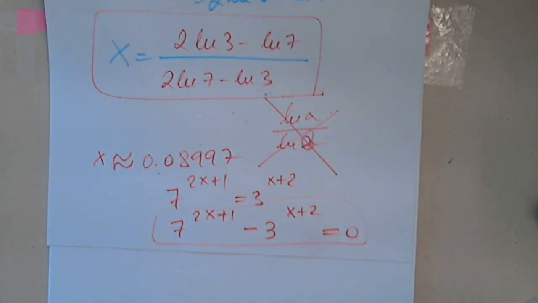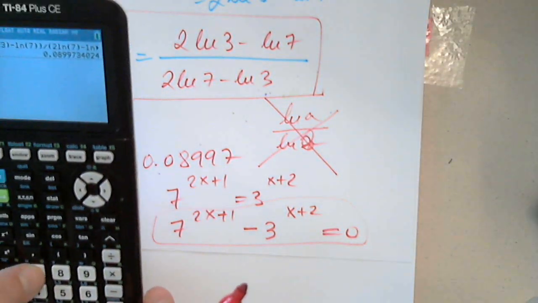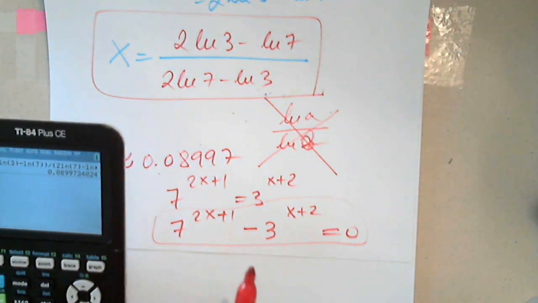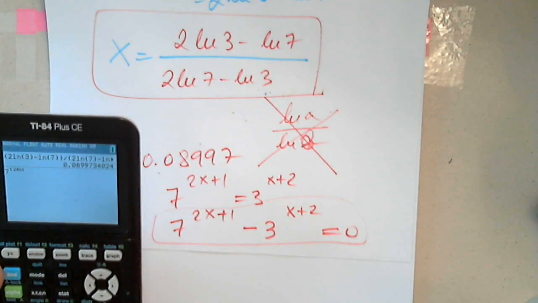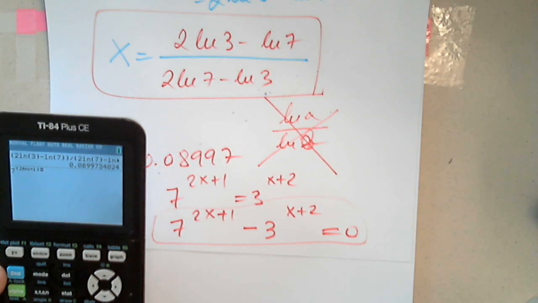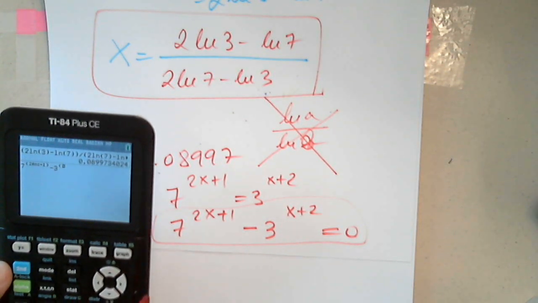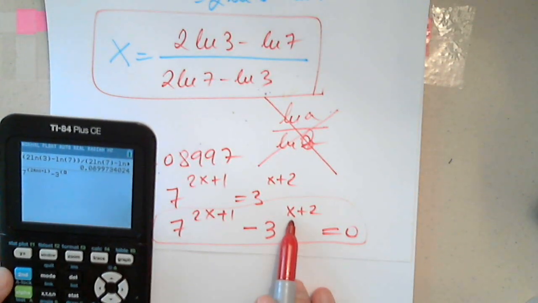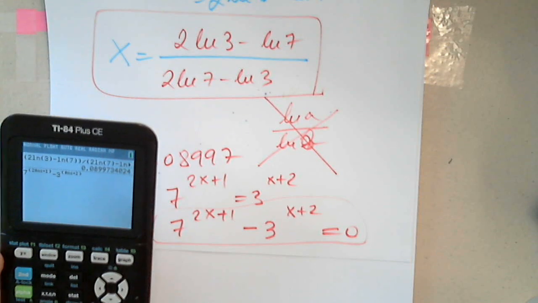Is that okay? So, 7, caret, in parentheses, 2 times the previous answer plus 1, minus 3, power, in parentheses, previous answer plus 2, close the parenthesis.